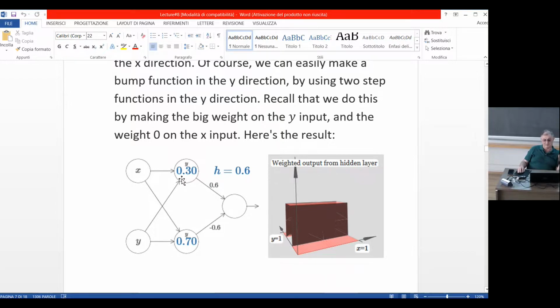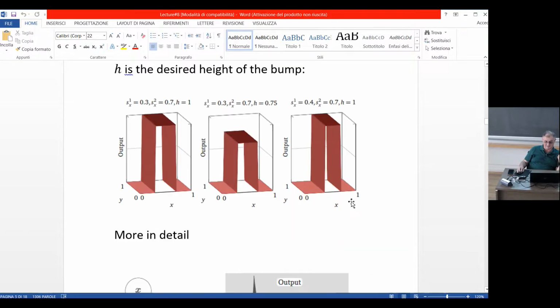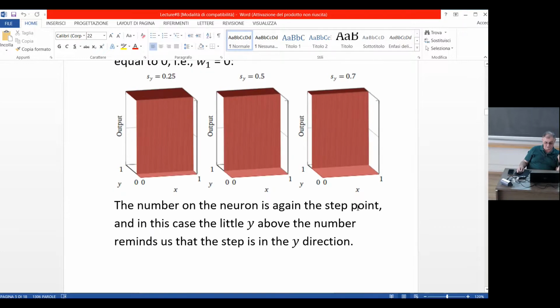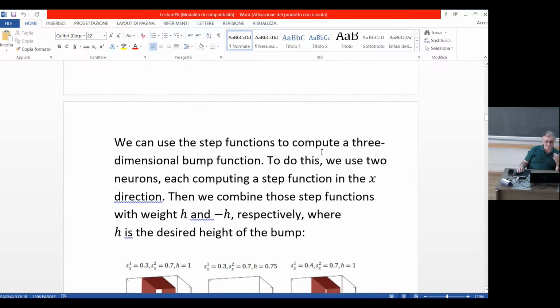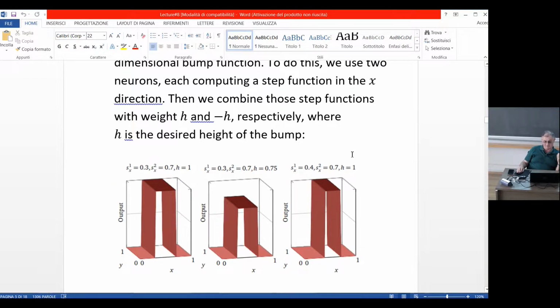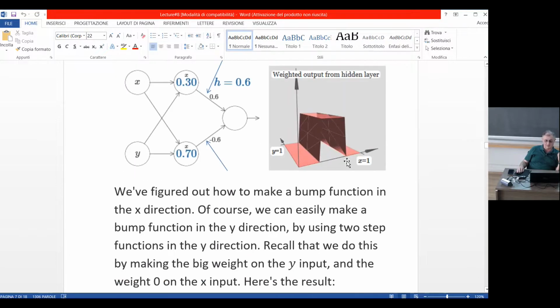And for example, we prescribe here y 0.30, you see, again by combination of minus b divided by w, 1 or 2, depending on which direction we construct this bump function. Okay.